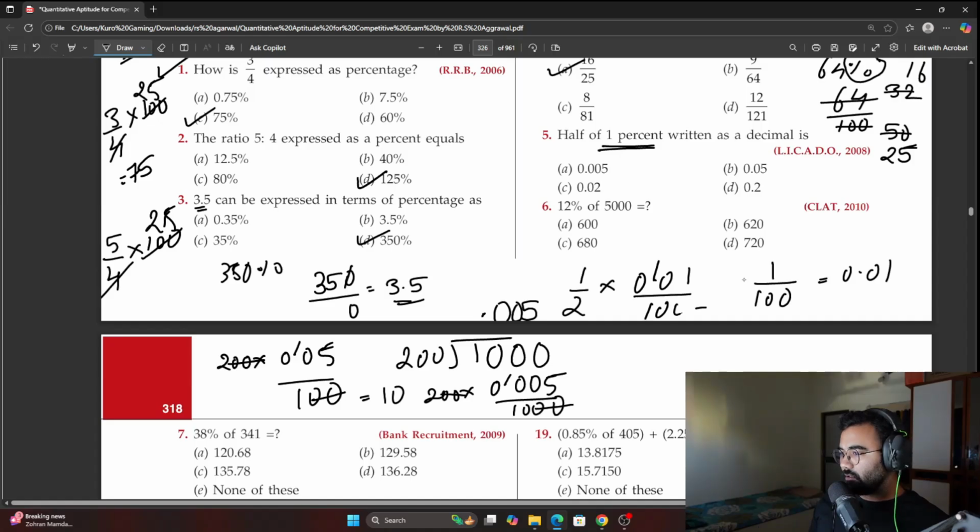So this is 1 upon 200. Yeah, 1 upon 200. So the answer still remains the same, 0.005. Yes. Yep. All right. Sometimes you come across such questions. Need not worry.